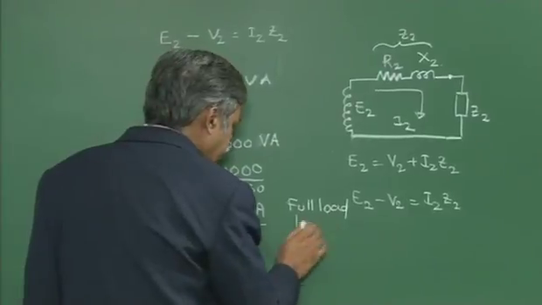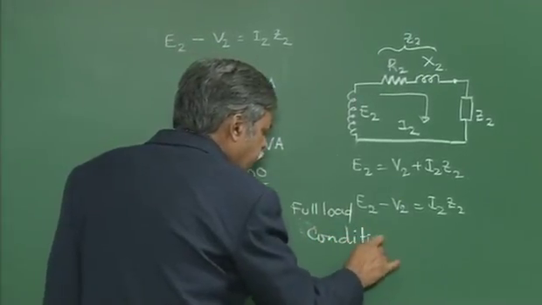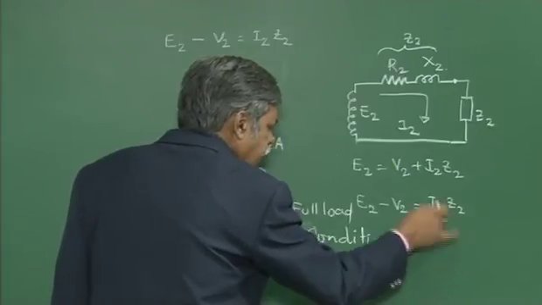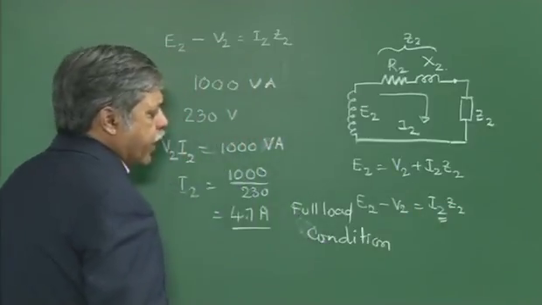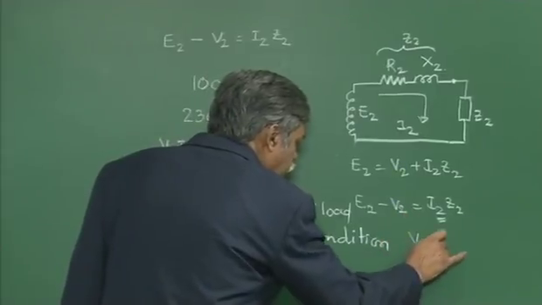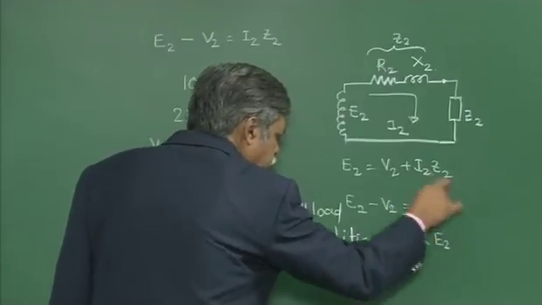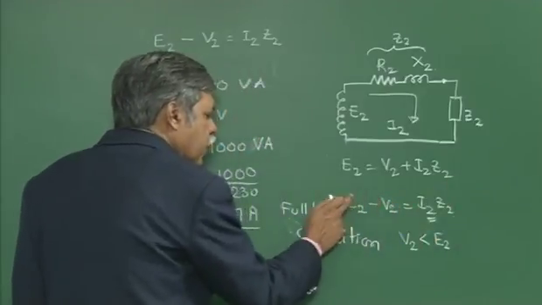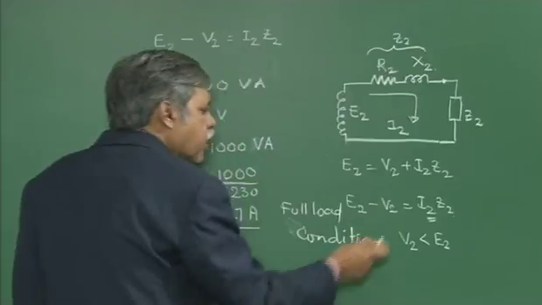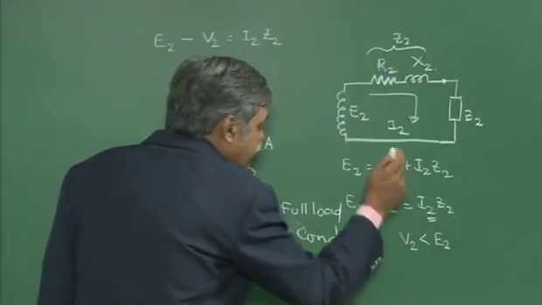Under this condition the current is much larger, equal to the rated current. Therefore, V2 will be less than E2 because of this term. I can write V2 equal to E2 minus I2 Z2. Therefore, under full load condition V2 will be less than E2.